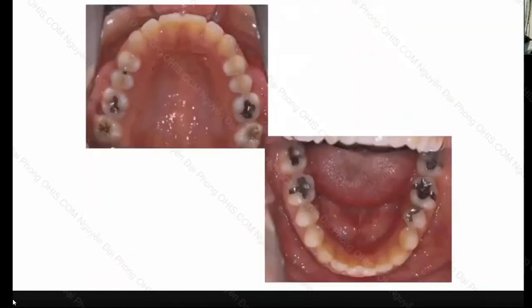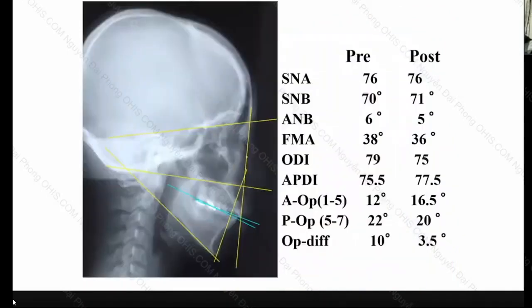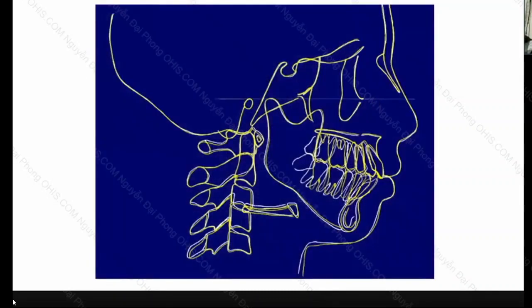Good. This is after treatment. Before and after, maybe you can see the uprighting of all this buccal segment, and before and after superimposition. Here the mandible is a little bit closed and a little forward repositioning.